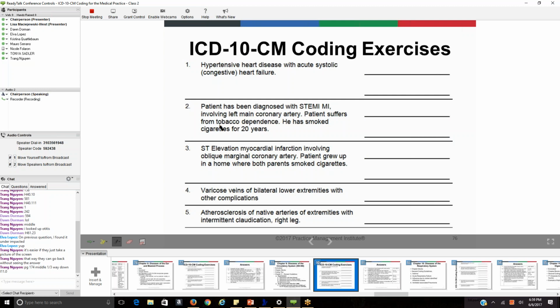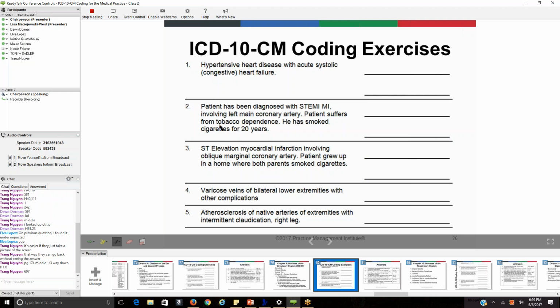So let's go to I11, which is hypertensive heart disease. And then you're going to have the hypertensive heart disease with heart failure. So it's with acute systolic congestive heart failure. So it's going to be the I11.0 hypertensive heart disease with heart failure. And then it says use additional code to identify the type of heart failure, I50. So the acute systolic congestive heart failure is going to be the I50 code.